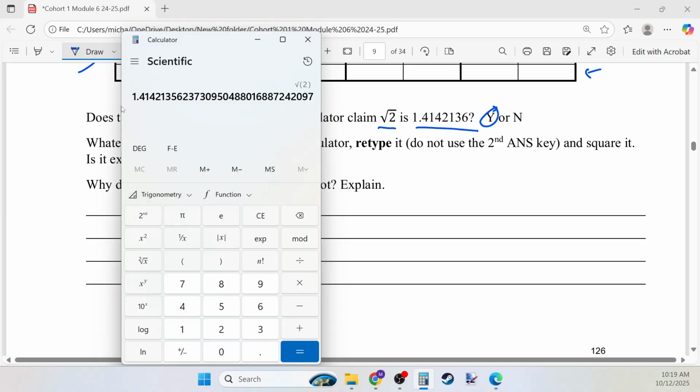They have it rounded there. I'm doing 1.41421356 because mine went longer and didn't round there. Theirs rounded, but I'm going to take mine because that's a little bit more. I'm going to square this, and I get almost 2.